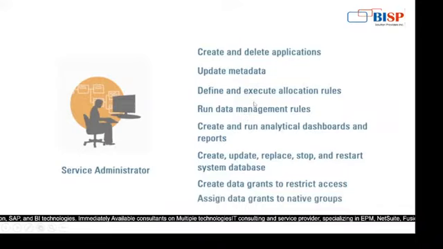The service administrator can define and execute allocation rules, run data management rules, and create and run analytical dashboards and reports. Also, the service administrator can create, update, replace, stop and restart the system database, create data grants to restrict access, and assign data grants to native groups. So these are the roles of our service administrator, showing how he can start working in the application.